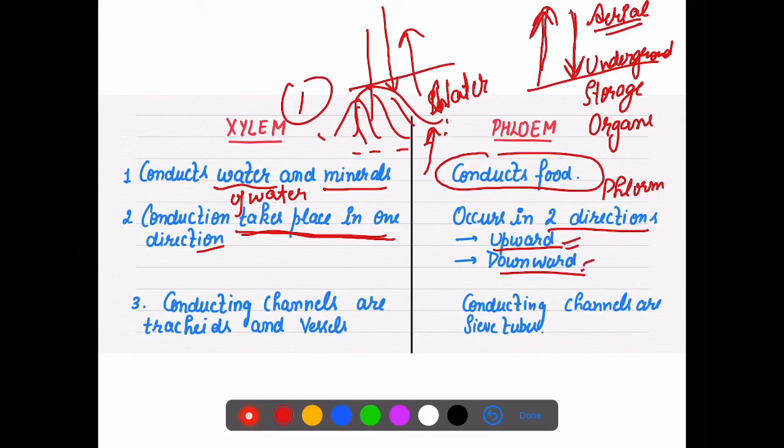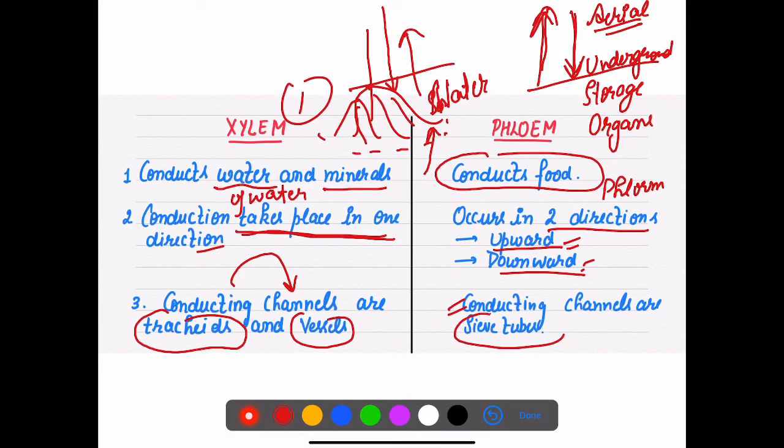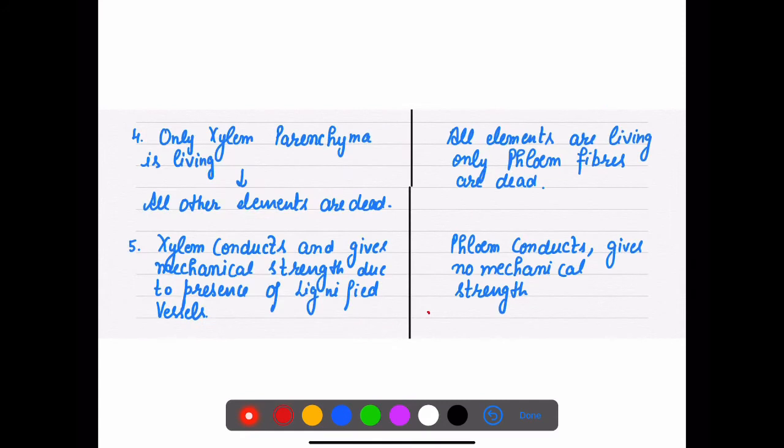Now the main conducting elements or channels in xylem are vessels and tracheids, but here in phloem the main conducting channels are sieve tubes. Only a little help is provided by the companion cells in case of phloem. Now, only xylem parenchyma, an element of xylem, is living.